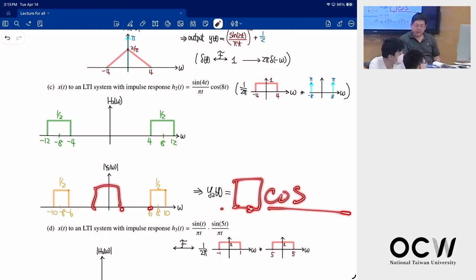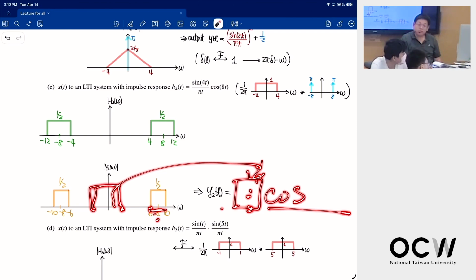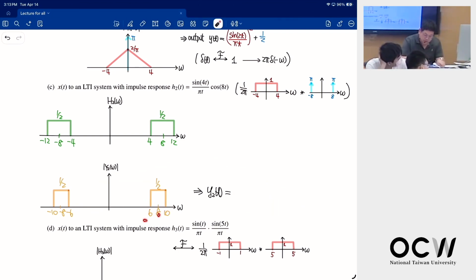How can I get the rectangular pulse in frequency domain? That means in time domain, what do we have? Sinc function. So what is the sinc function here? Check the width. If we move back to here, it is from -2 to 2, right?